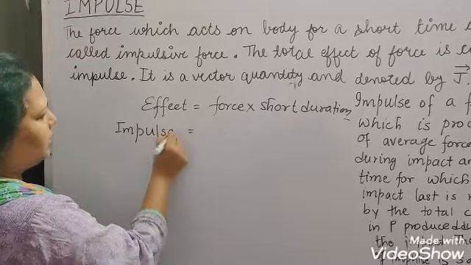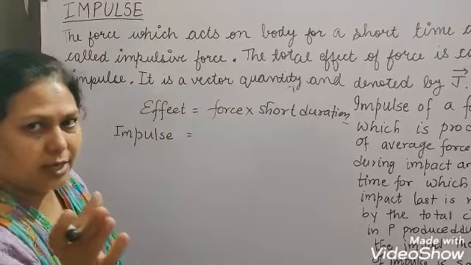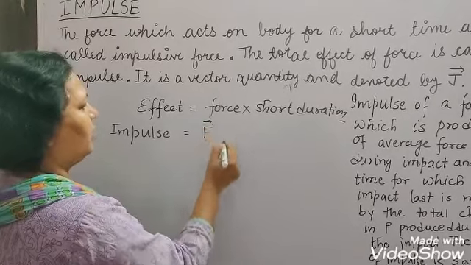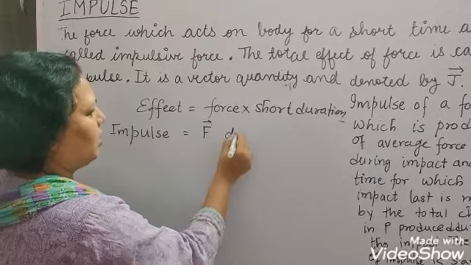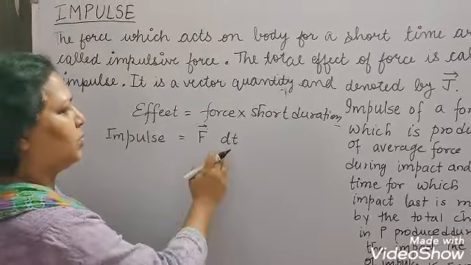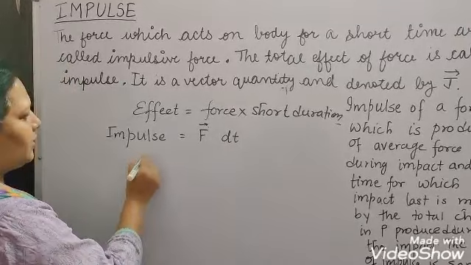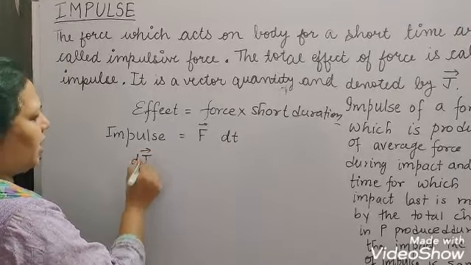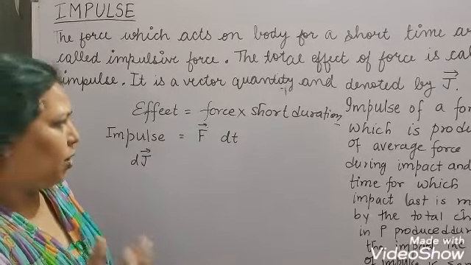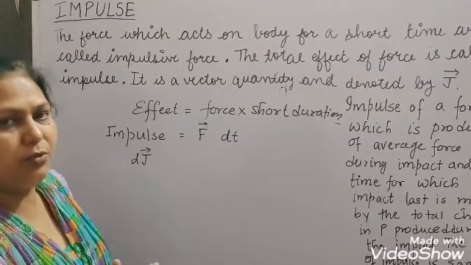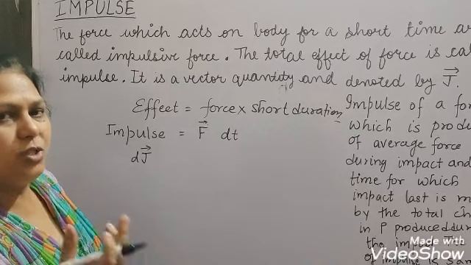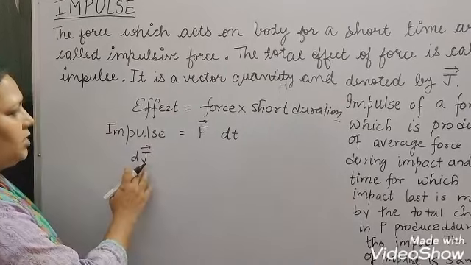So the impulse is the product of force and that short duration. The force is F and the duration is dt, because it is a short duration. Impulse is represented with J, and because the time duration is very small, the effect is also small, so we represent this small effect with dJ.